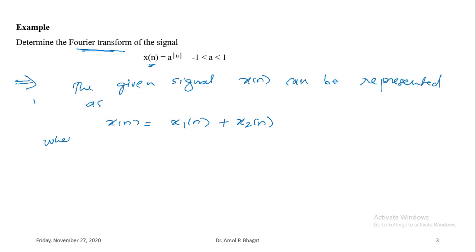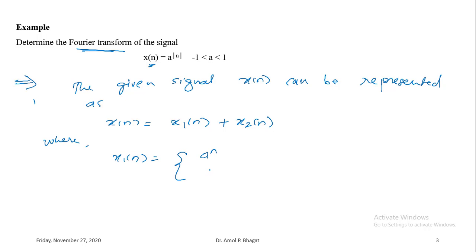If you want to remove the mod of n and represent the given signal as the summation of these two signals, first we take x1 of n equals a to the power n, or it can be 0.